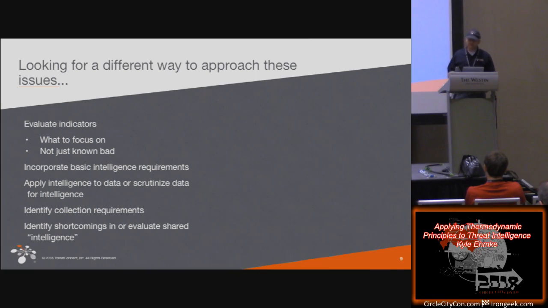My hope was that this could also incorporate basic intelligence requirements that might be different based on who was looking at the indicator and what organization they work in. And having a way to apply intelligence to data or scrutinize that data for intelligence was also important.